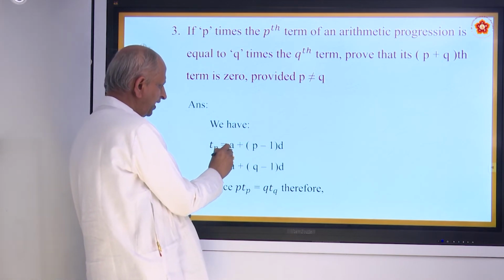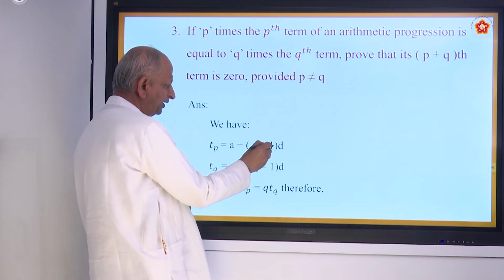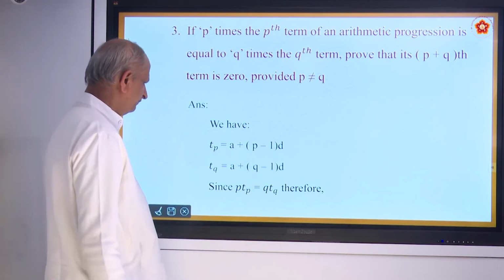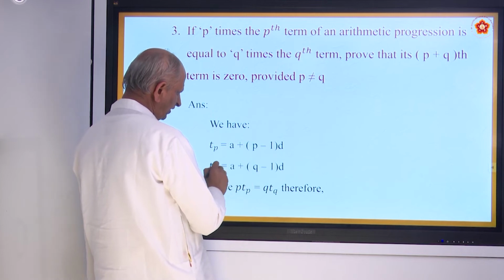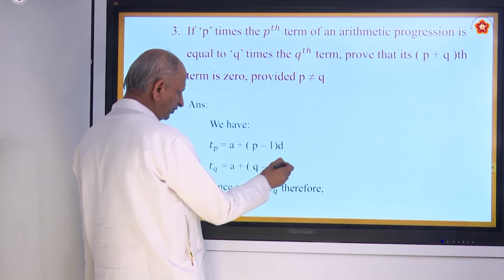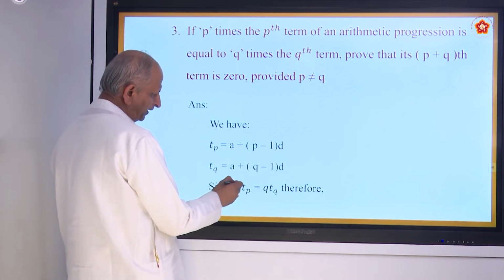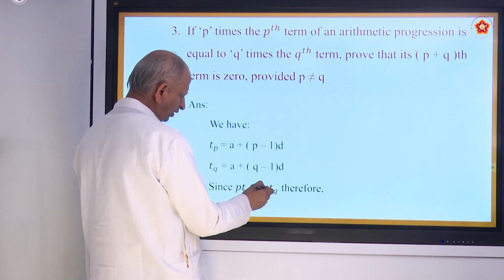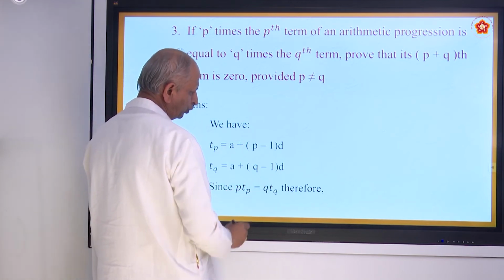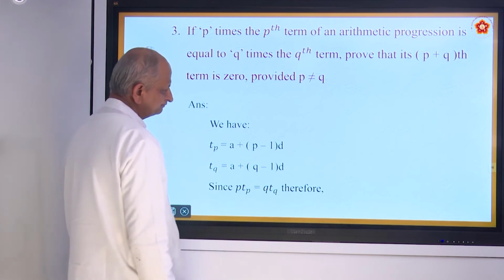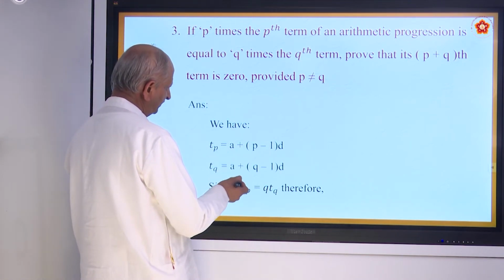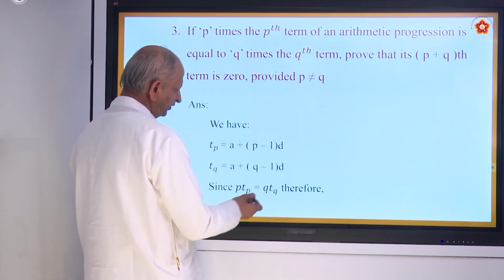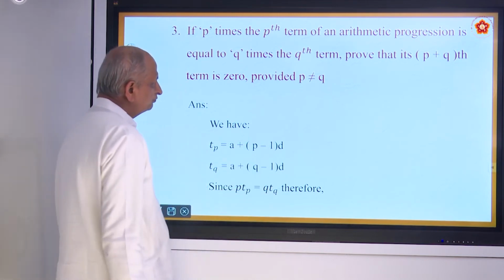Tp is equal to A plus p minus 1 into D, D is common difference. Tq is equal to A plus, instead of p you write q, q minus 1 into D. Since p Tp is equal to q Tq, therefore what do you get? So you are given that p times Tp is equal to q times Tq.